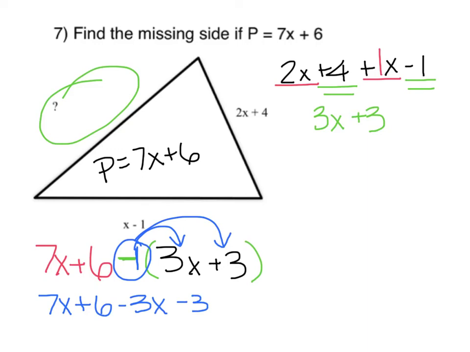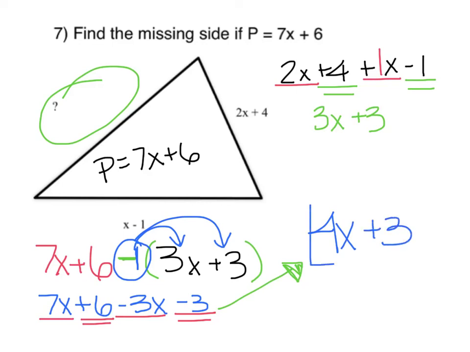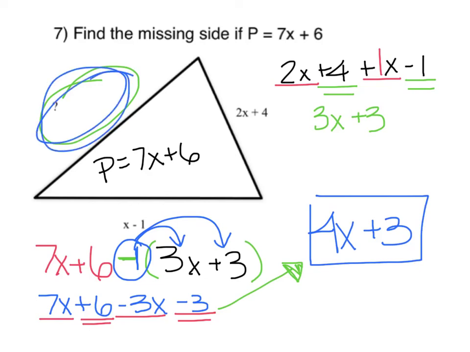Now we look to combine like terms. 7x combines with the negative 3x, and positive 6 combines with the negative 3. So our final answer is 7x plus negative 3x is 4x, and positive 6 plus negative 3 is positive 3. So there's the missing side for our triangle.